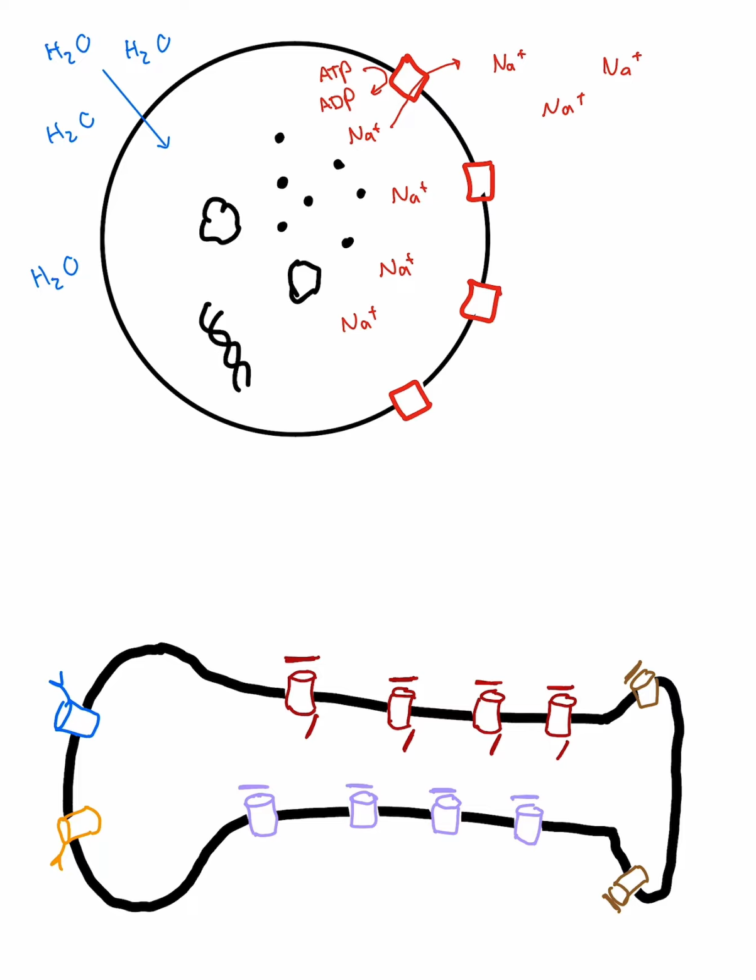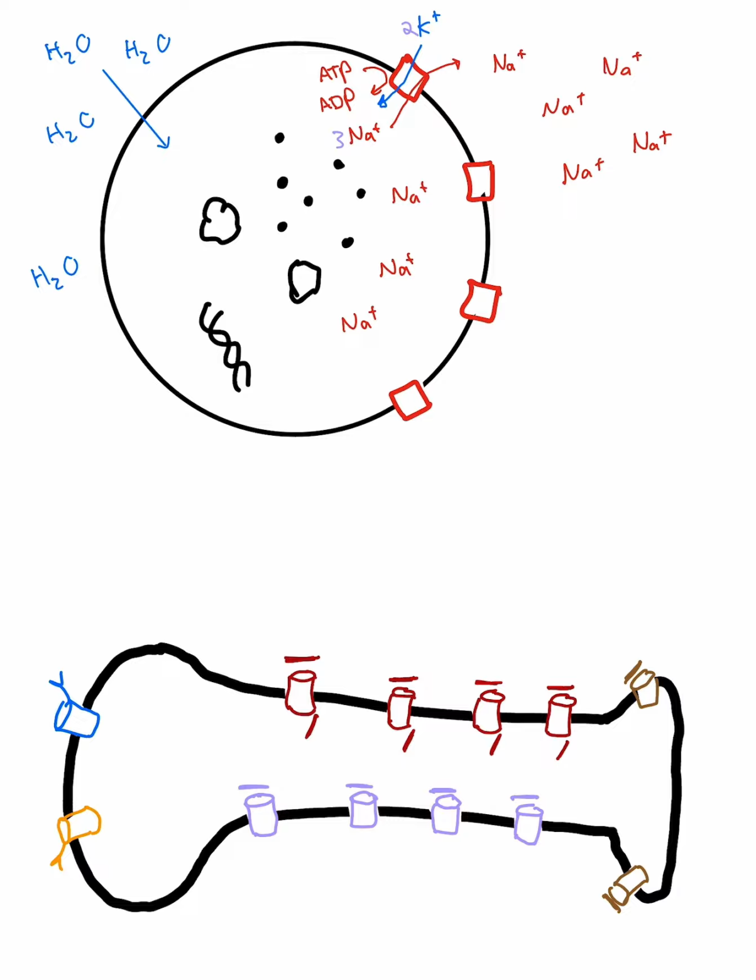And so I'm pumping out a bunch of sodium out here. Sodium has a positive charge. And then at the same time, I'm pumping potassium, K+, into the cell. But what's unique about this is I'm pumping 3 sodium out and 2 potassium in.